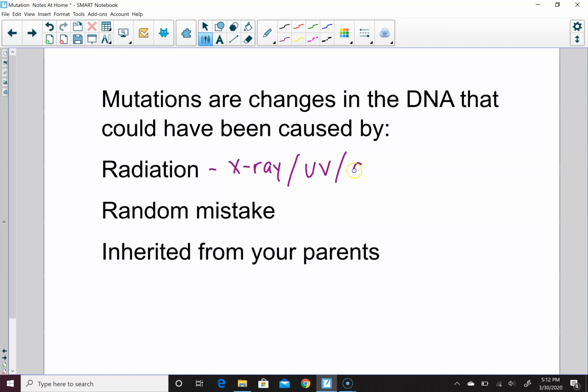And if you happen to live near a nuclear power plant or something like that, gamma rays are also very dangerous. A random mistake, there could just be a mistake in the DNA, happens. Or you could have inherited it from your parents. Things like Tay-Sachs, things like sickle cell anemia, things like that you got from your parents.